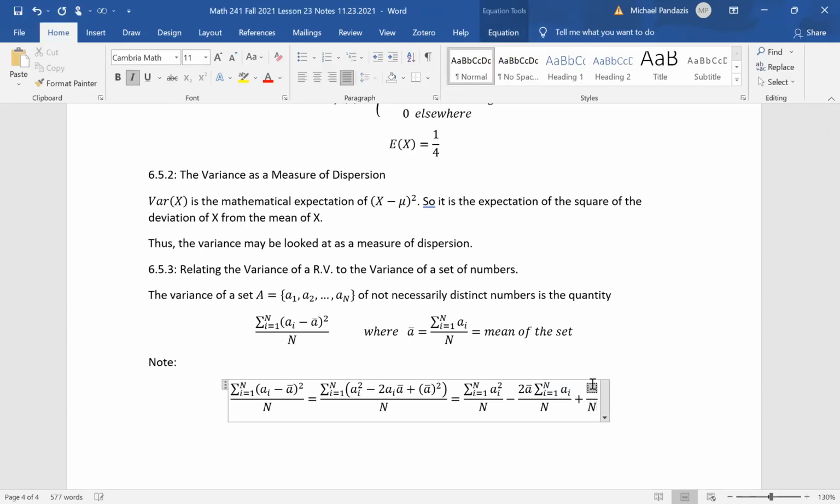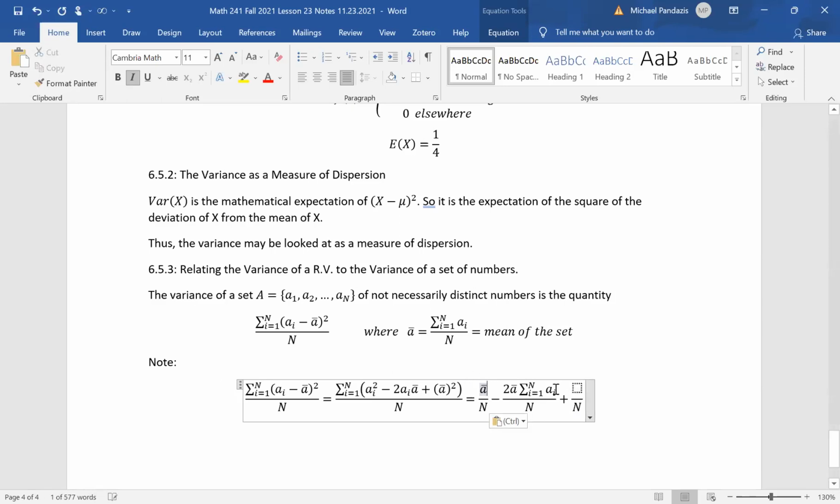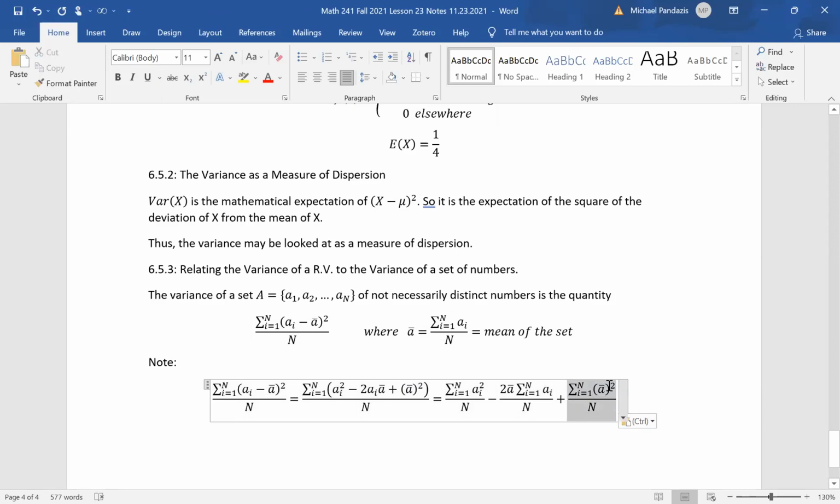plus capital N in the denominator, and you have A bar squared. So you have the sum of A bar squared here. Now the sum of A bar squared, you're adding capital N of them. i ranges from 1 to capital N, but it's the same term each time.